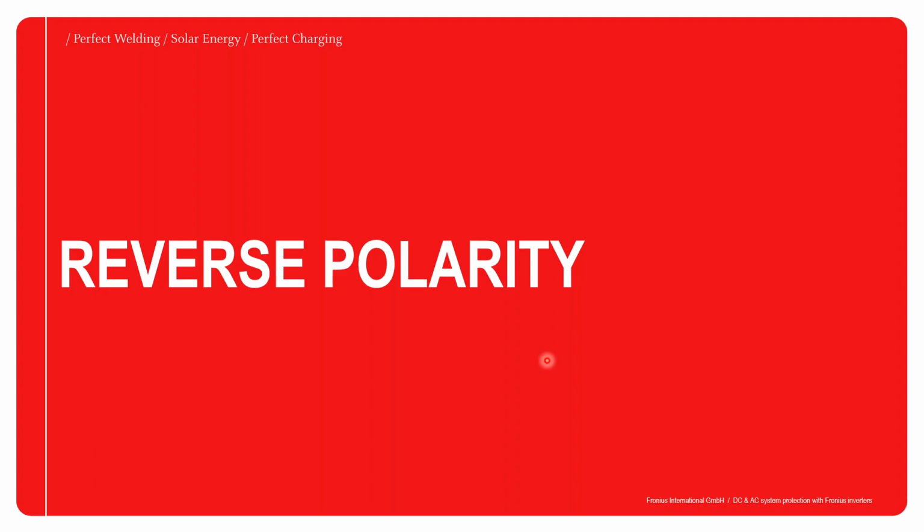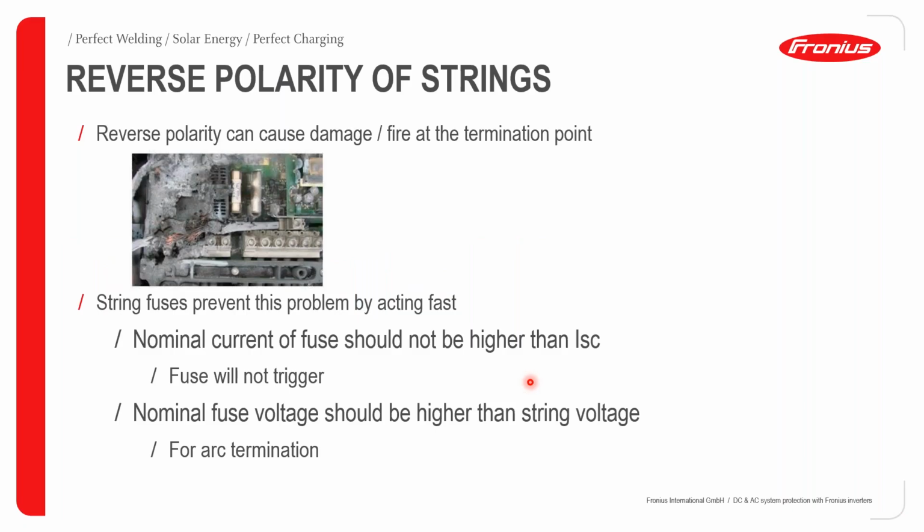So still talking about protection, we shall also look at reverse polarity, as earlier mentioned by David. In terms of reverse polarity, it can actually cause damage and in fact fire at the terminal point, as can be seen in this particular picture or screenshot here. So in order to prevent this, the string fuses need to act fast.